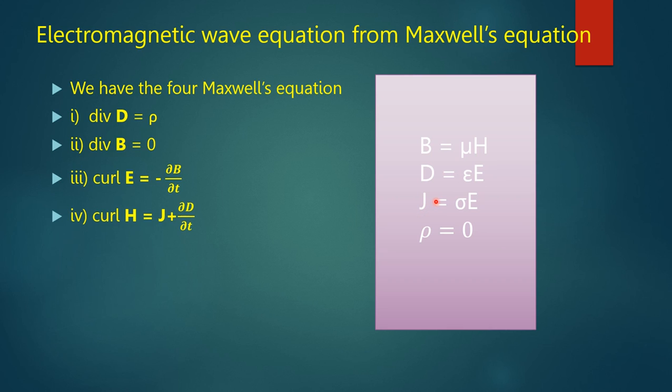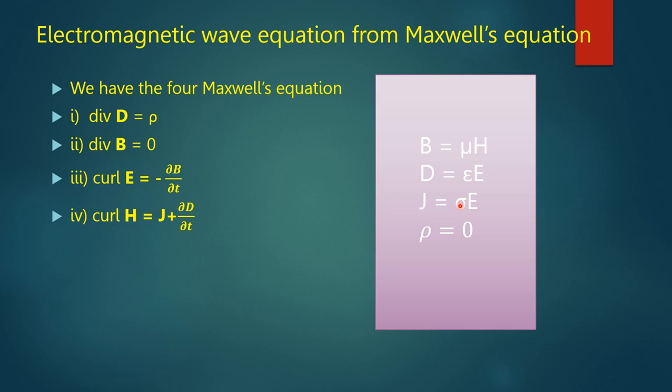Let us consider a linear, homogeneous and isotropic conducting medium characterized by constant permittivity epsilon, permeability mu and conductivity sigma.